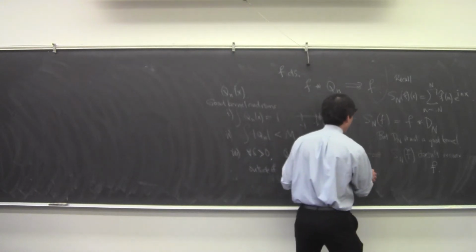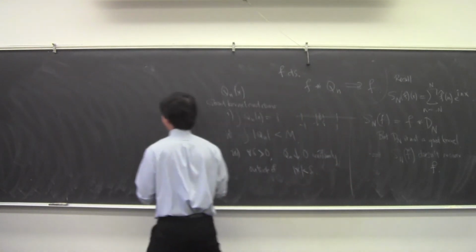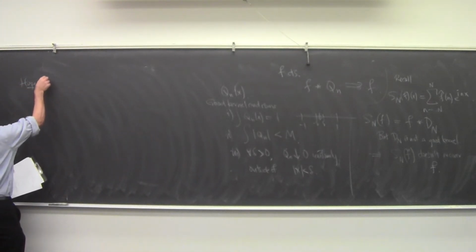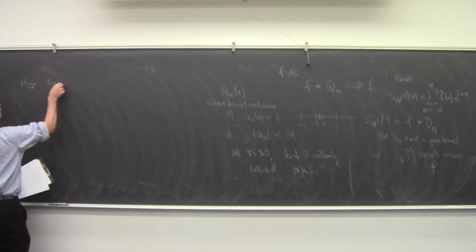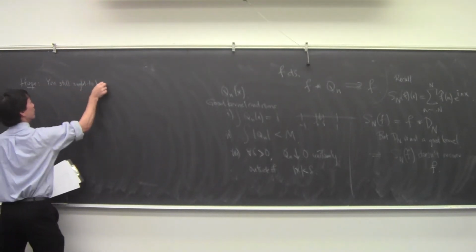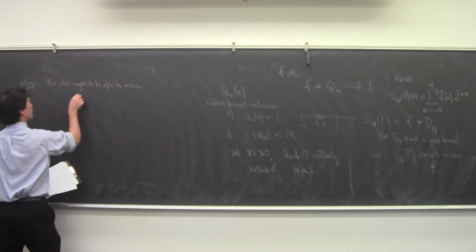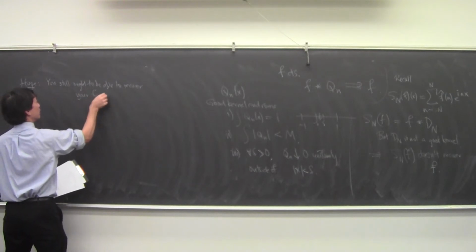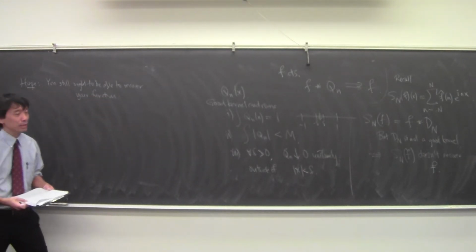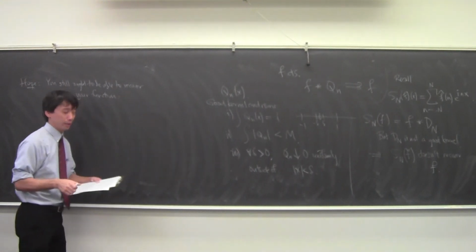But still, and I don't have time to explain why you have this hope, there's sort of a hope that you still ought to be able to recover your function, even though this doesn't work out.